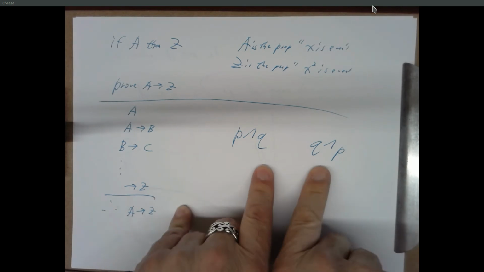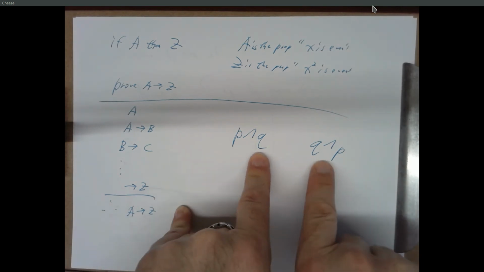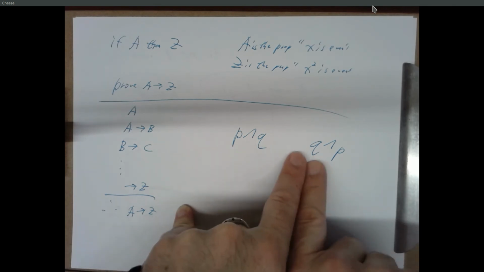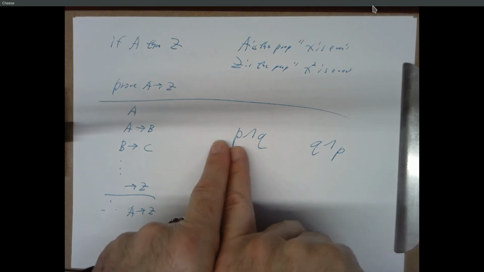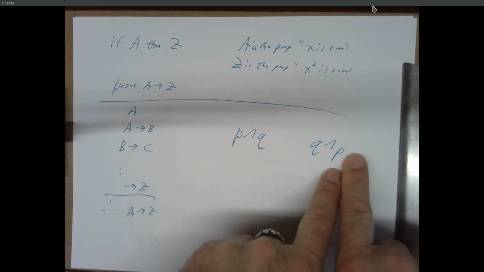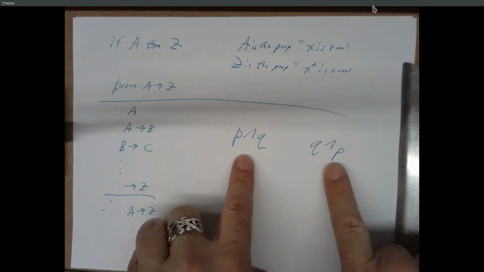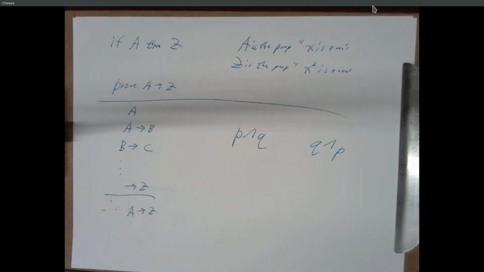These are logically equivalent. They have the same truth value in all cases. If it's sunny and I'm running, or if I'm running and it's sunny, depending on whether or not it's sunny and whether or not I'm running, these will have the same truth value as each other.